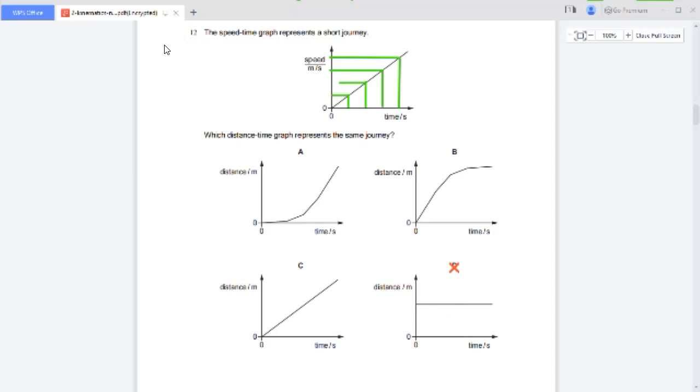So now let's look at option B. In option B it says initially the distance traveled during the first second, I think here is the first second. In the first second much more distance is traveled than the second, then third second, and then fourth second. In the fourth second almost less distance is traveled.